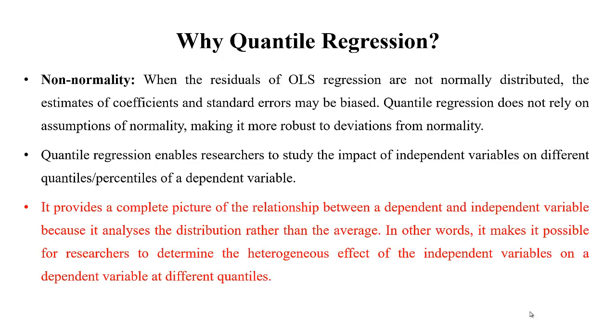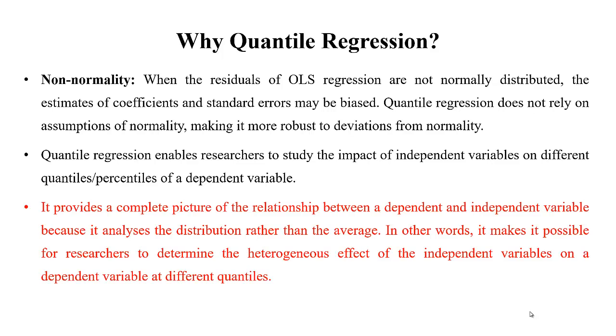So quantile regression enables researchers or analysts to study the impact of independent variables on different quantiles or percentiles of the dependent variable. So it provides a complete picture. Why do I say complete picture? It is because it makes it possible for researchers to capture the relationship at different quantiles, 0.2 quantile, 0.5 quantile, 0.7 quantile, and so on and so forth.